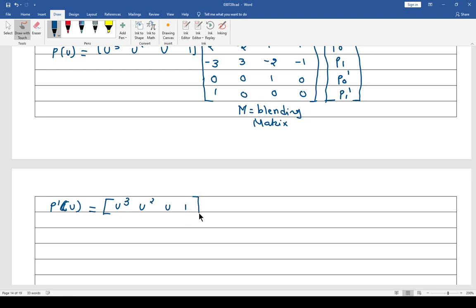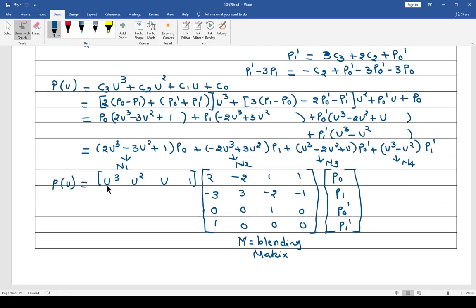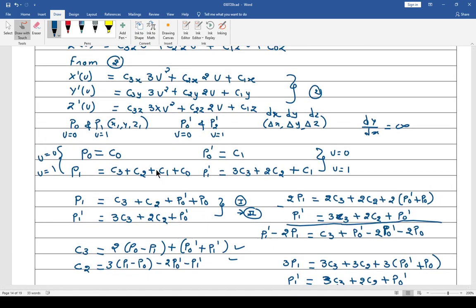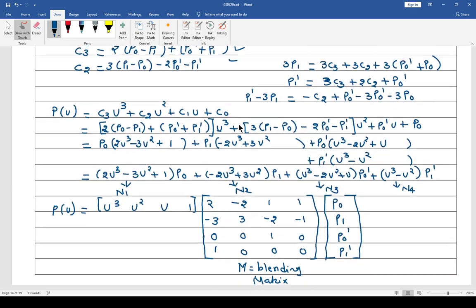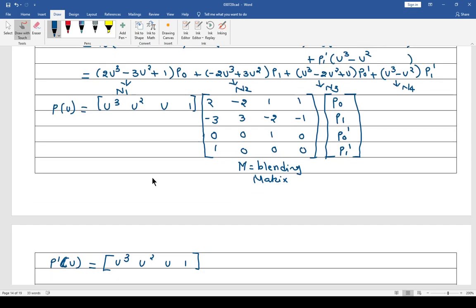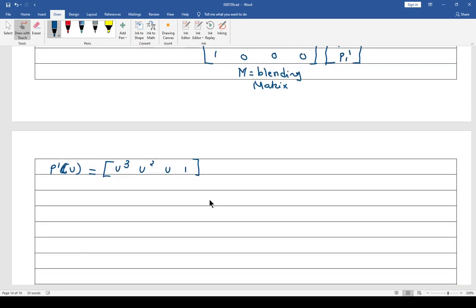So we have the P of u equation that we derived. Similarly we have P dash of u, see equation 2. From this equation 2 we have to follow the same procedure and find it again in terms of matrix form.